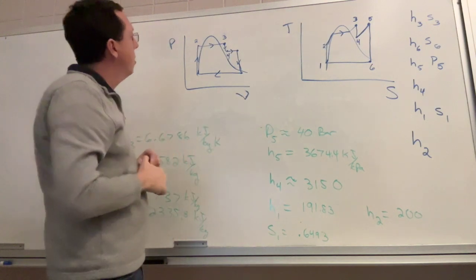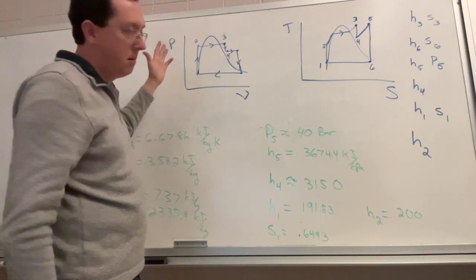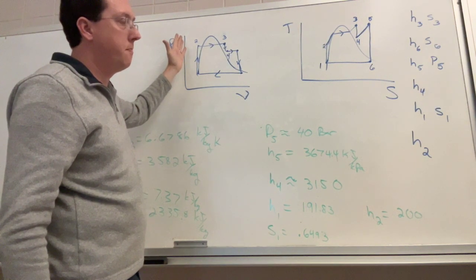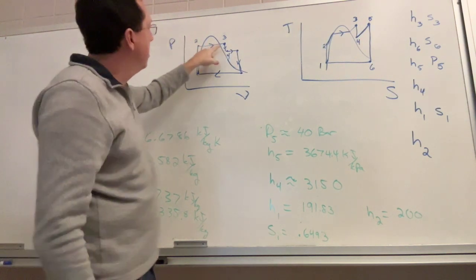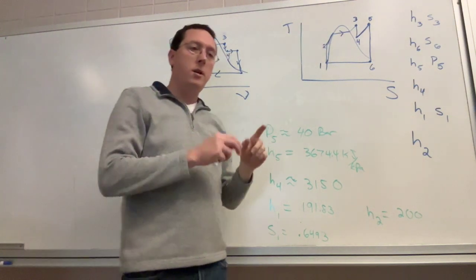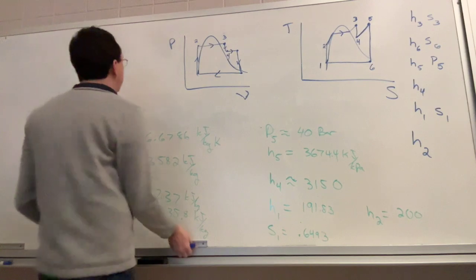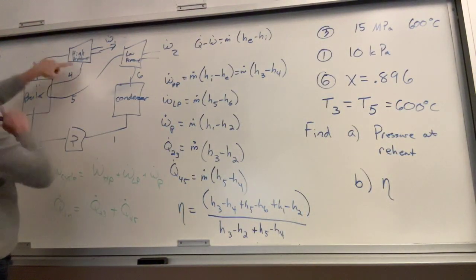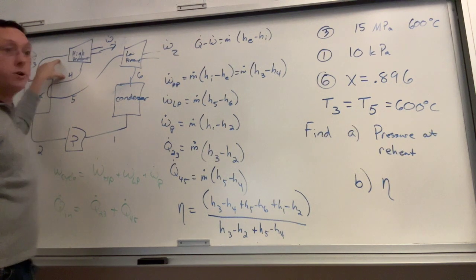One other thing we know is that, now from 3 to 4, if we think about our cycle, from 3 to 4, that's going through the high pressure turbine.